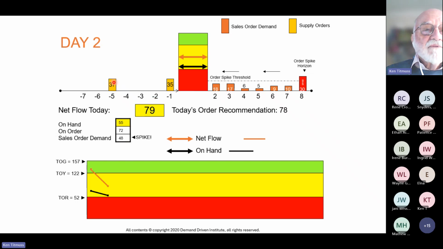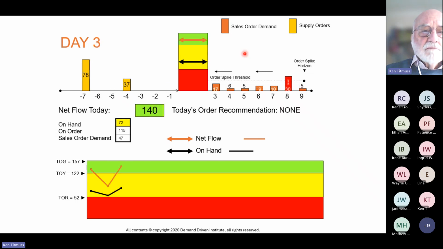I still have the 72 on supply here. I will receive these 35 today, but at the moment they haven't quite arrived. So you see my net flow now has gone down into the yellow zone because I've included this spike here. My on-hand balance is still sitting at the bottom of the yellow zone here, which is fine.